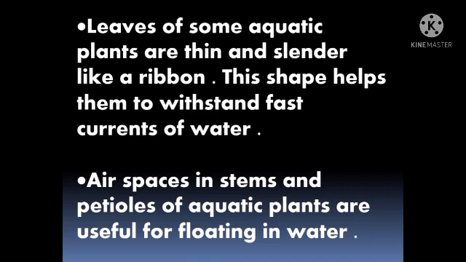Next point, air spaces in stems and petioles of aquatic plants are useful for floating in water. In some of the aquatic plants, the stem has air spaces, and for what purpose are those air spaces there? The air spaces help the plant to float on the water.